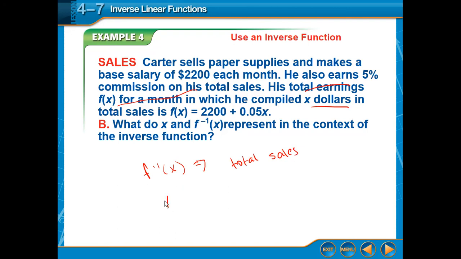And that means that x is going to represent the total earnings. So basically, instead of having an equation that takes the total amount of money you sold to figure out how much you earned, it takes how much you earned to figure out how much you sold. It does the opposite of what the first equation did.